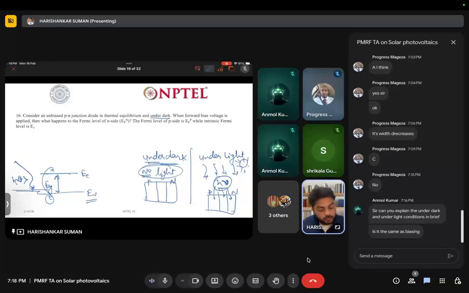So under light we will disturb the equilibrium, because we disturb the number of charge carriers. But in the dark there is no disturbance of the charge carriers. Clear?